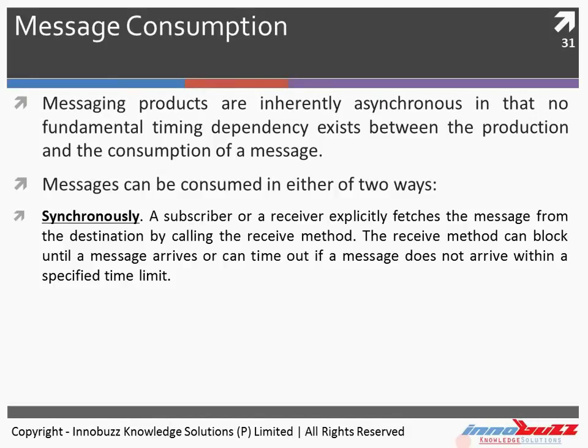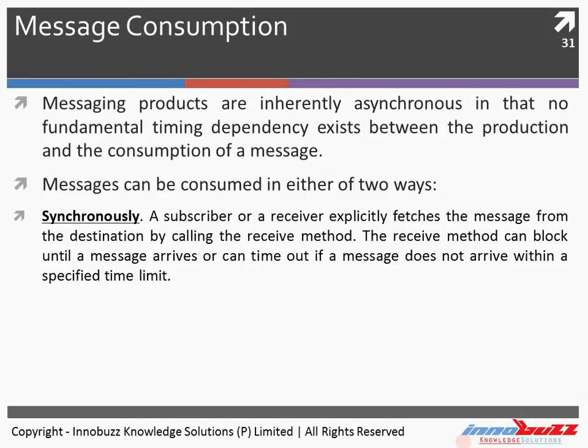It can be synchronous. Synchronous means a subscriber or a receiver explicitly fetches the message from the destination by calling the receive method. The receive method can block until a message arrives or can time out if a message does not arrive within a specified time limit.